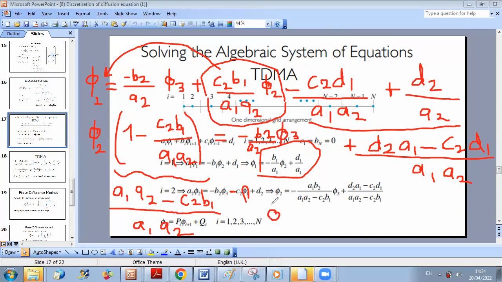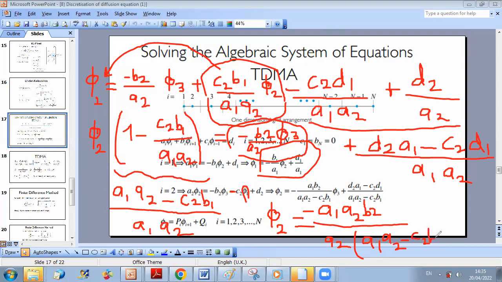I get phi 2 equals, for this term, when you multiply it by A1 A2, you will get A1 A2 times, of course, don't forget the minus, so minus A1 A2 B2 over A2 times this factor A1 A2 minus C2 B1.